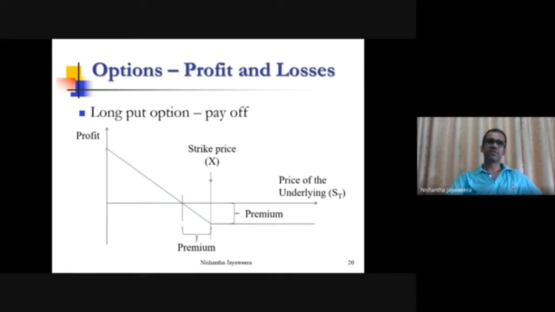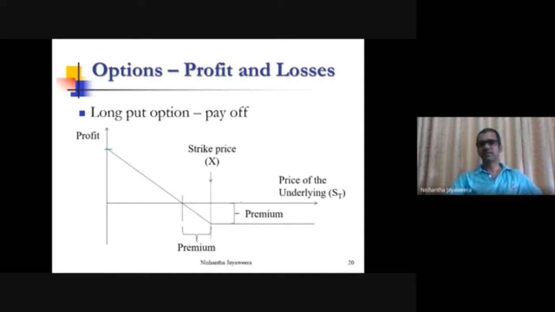The maximum profit will be when the price of the underlying asset equals 0. The break-even point comes here as the strike price minus the premium. Maximum profit comes here as, again, strike price minus premium.